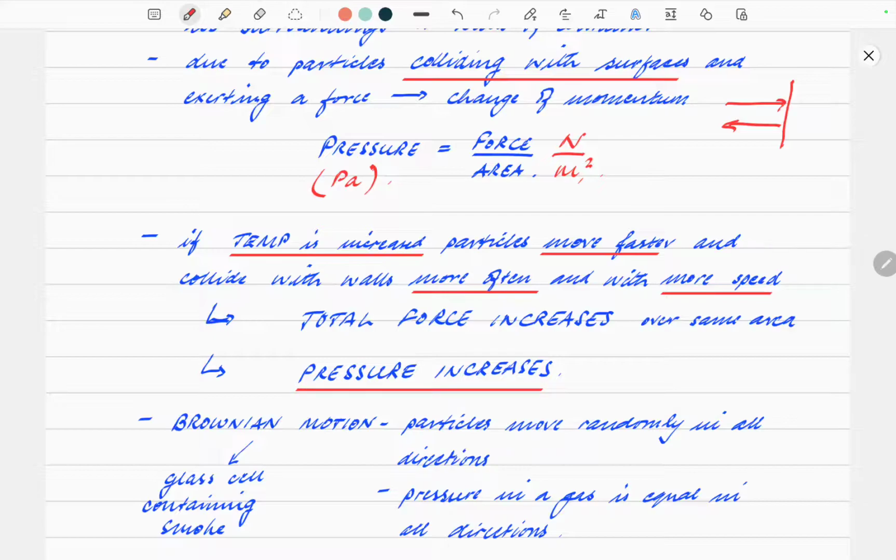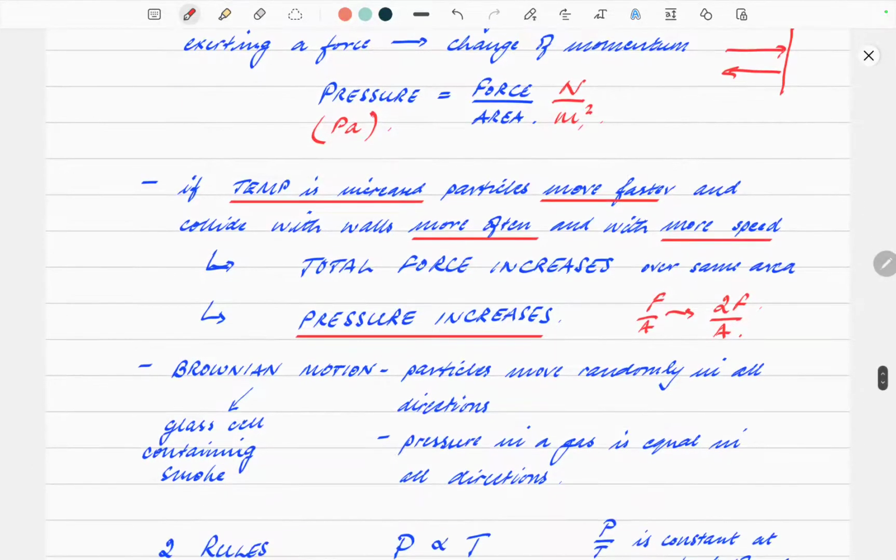Same amount of force over the same area would be the same pressure, but if, for example, we have twice the force over the same area because it's the same container, then obviously pressure increases. Simple concept there.